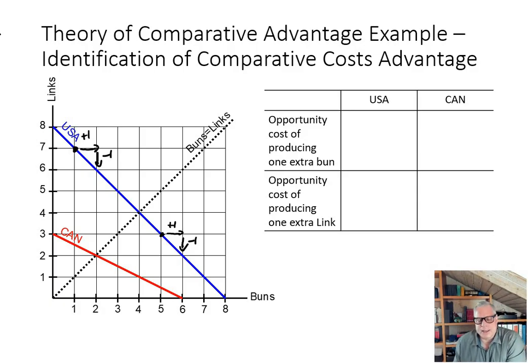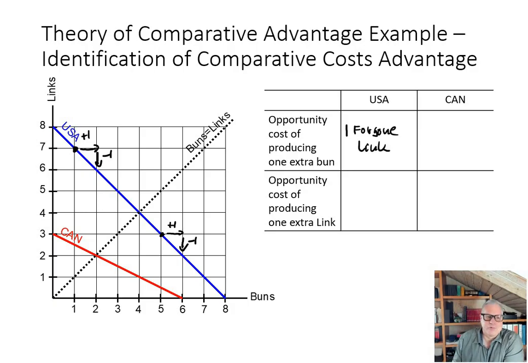And of course that is related to our workers, because if I want to produce 1 extra bun, I have to take away 1 worker from the links and send them to the buns. And since 1 worker can produce either 1 link or 1 bun, the opportunity cost is 1 foregone link.